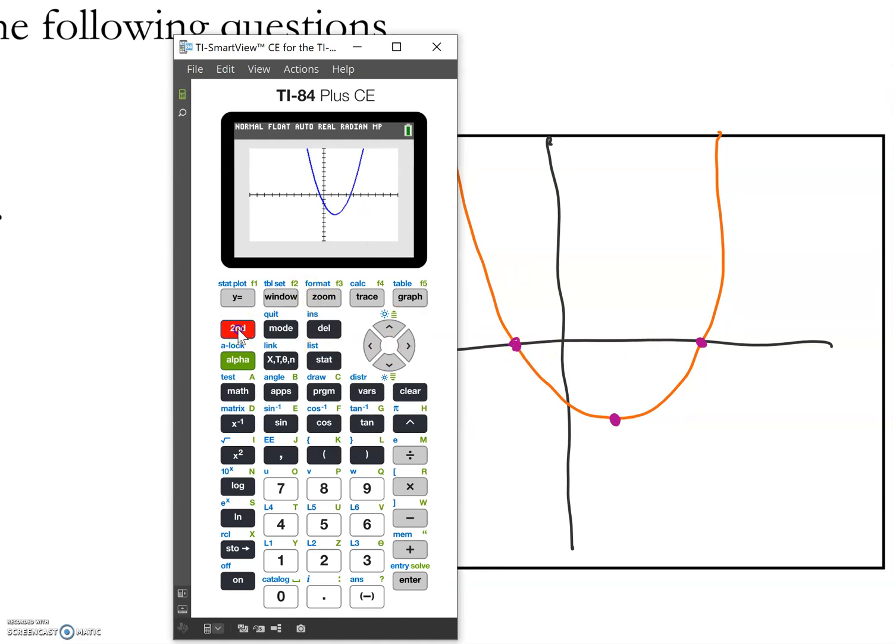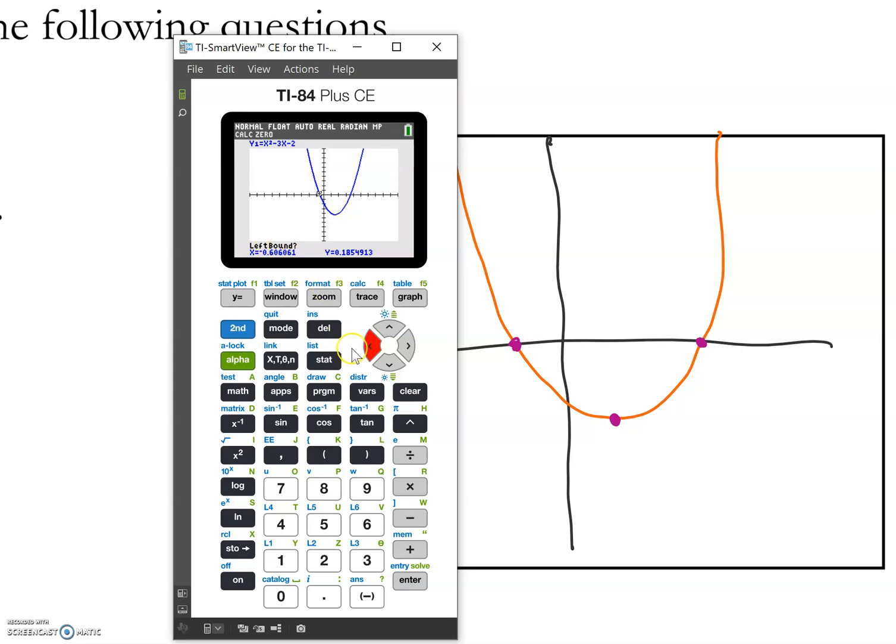To do that, I'm going to hit second and then trace. I'm going to scroll down. The word zero is another word for x-intercept. So I hit enter, and I see this little cursor, this little blinky dot. I'm going to move that cursor onto this first x-intercept, or pretty close to it. And I notice that underneath I see the question left bound.